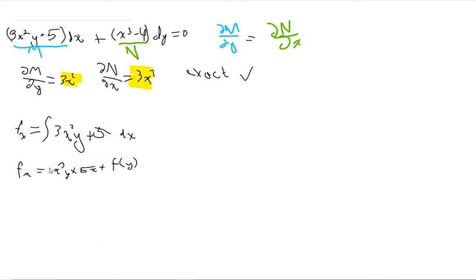Now we're going to take the partial derivative with respect to y. Once we do that, we get x cubed, and then everything else will go, this becomes 0, and the derivative of f of y will be f prime of y.